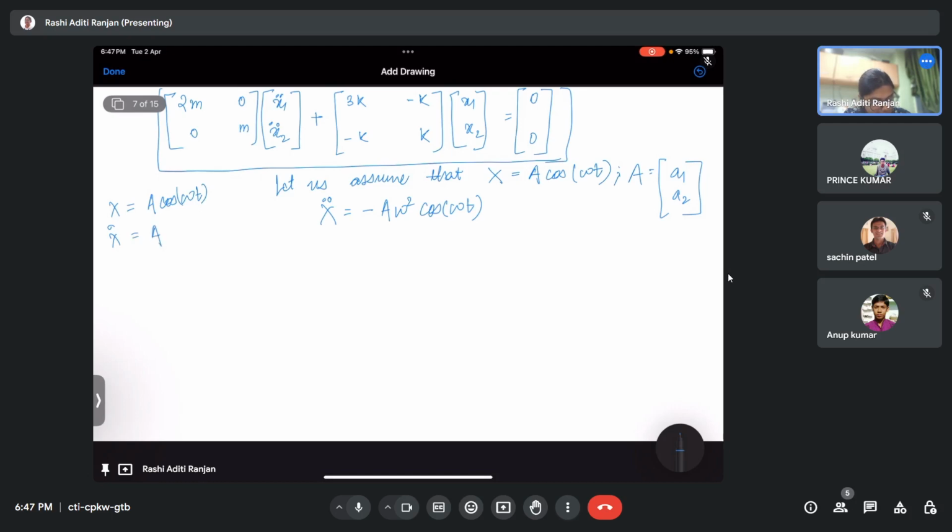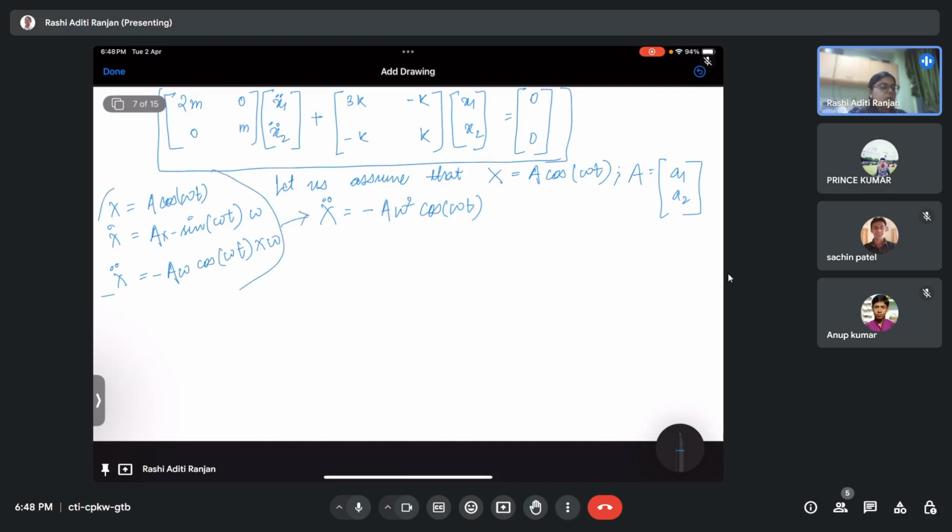A, differentiation of cos would be minus of sine omega t into omega. And again, if I do x double dot, it will be minus of A omega, differentiation of sine would be cos omega t into another omega. So from this, we get this.